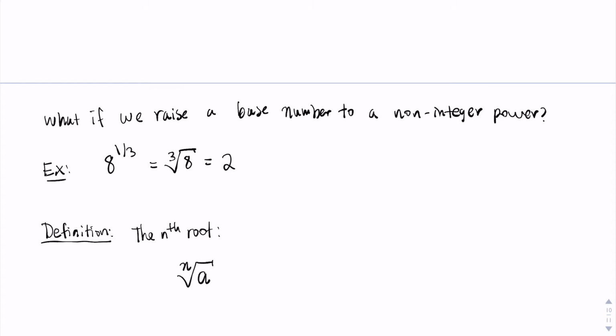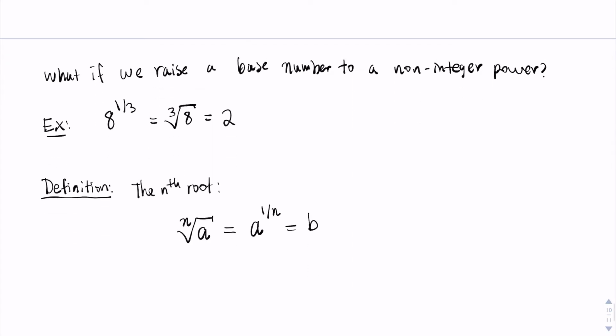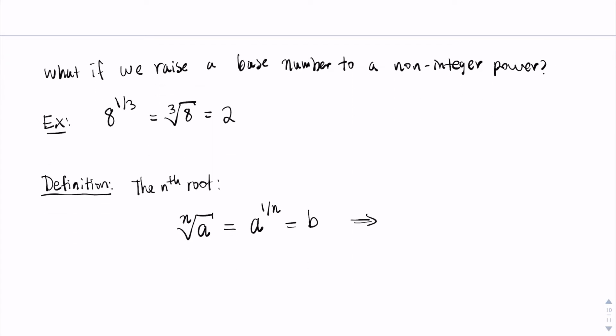How will you describe this? This is nothing more than a to the 1 over n, and say this equals some number b. This is equivalent to saying b raised to some power equals a. What will that power of b be?